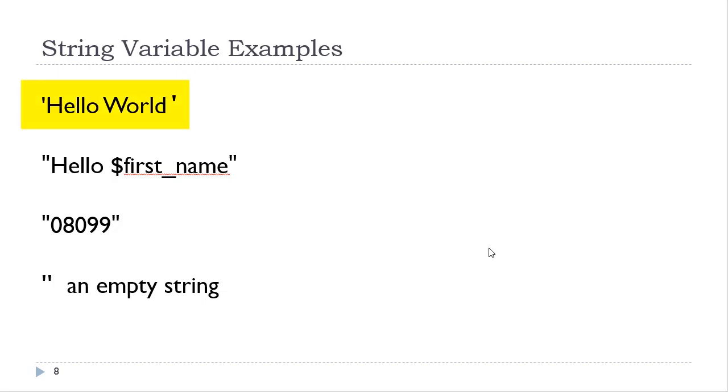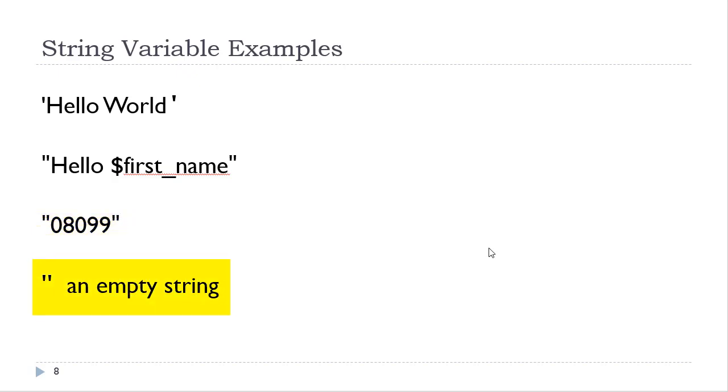Here are some examples of string variables. 'Hello world', in single quotes. "Hello" and a variable, in double quotes. You might want to put double quotes around a zip code. We generally do not perform numeric calculations with zip codes. Therefore, it would be a string variable.